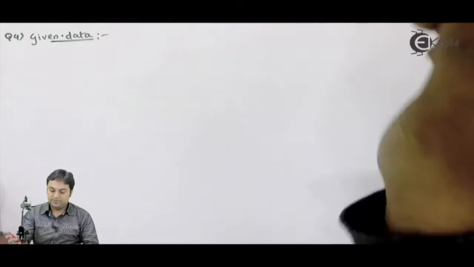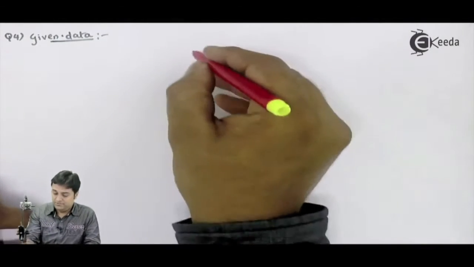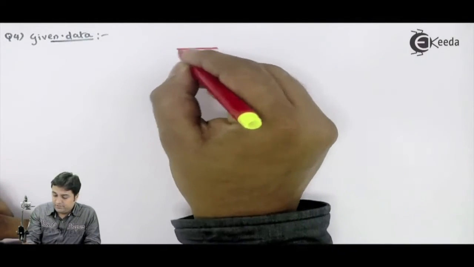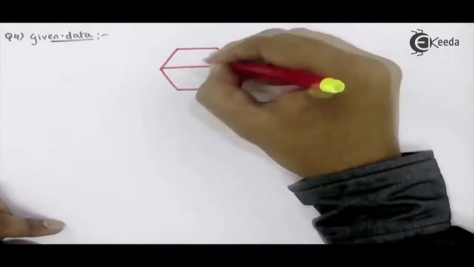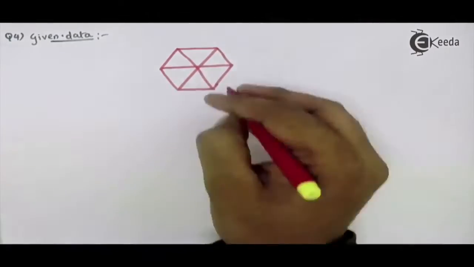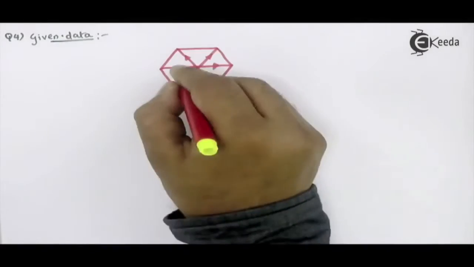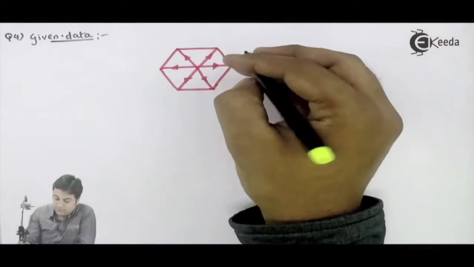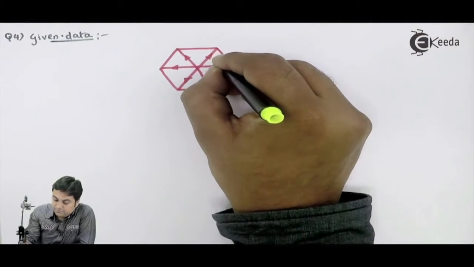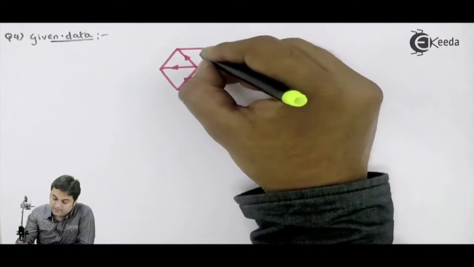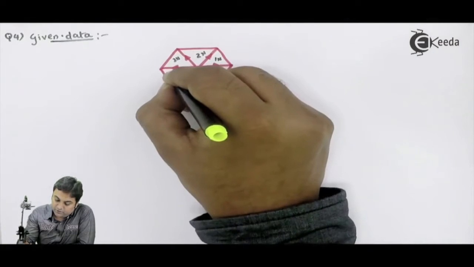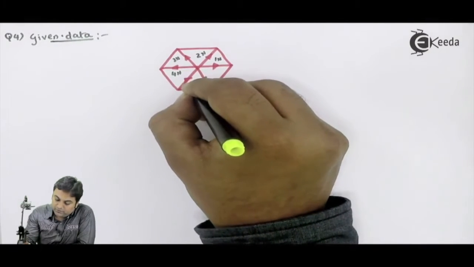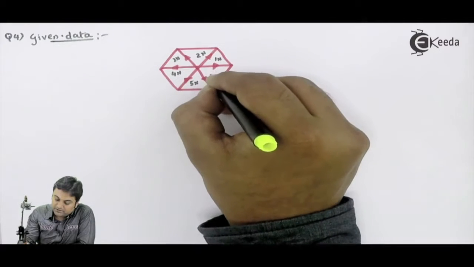Here in this case, they have given us a regular hexagon. Here we have 1 Newton force, then 2 Newton, 3 Newton, all taken in order, 4 Newton, 5 Newton and at last 6 Newton.